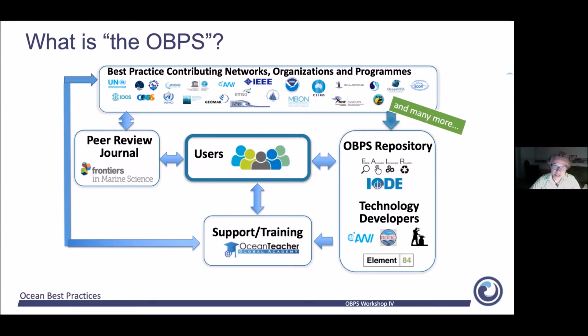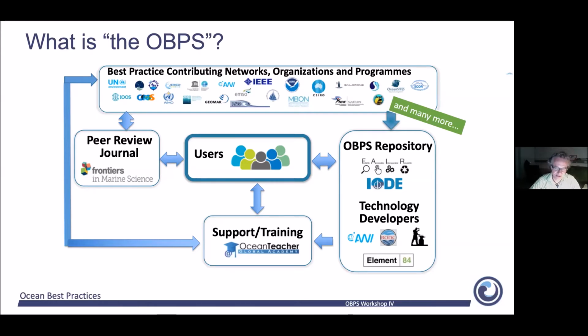There's a communication part, of course, the upper part, with networks, organizations, programs, and so forth, that all have an interest in making ocean observing interoperable across all scales, and that needs best practices.